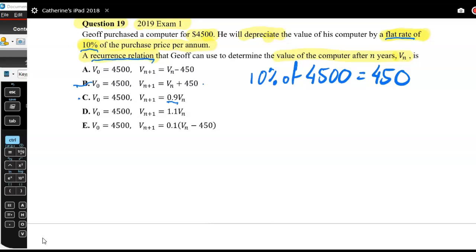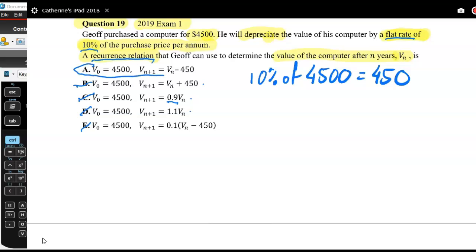That's not a flat rate, is it? It's not that flat rate of 10%. It's not going up and down by the same amount, so it can't be that one. Same here, that's going to be increasing. C was decreasing by 10%. D's increasing by 10%. And then E's not an option either.